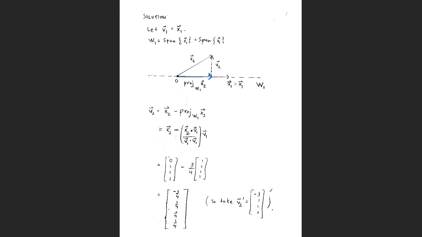If I negate the projection vector, then the negative of the projection vector will be this vector here. And so the negative of the projection vector plus x2 will equal v2, tip to tail vector addition.